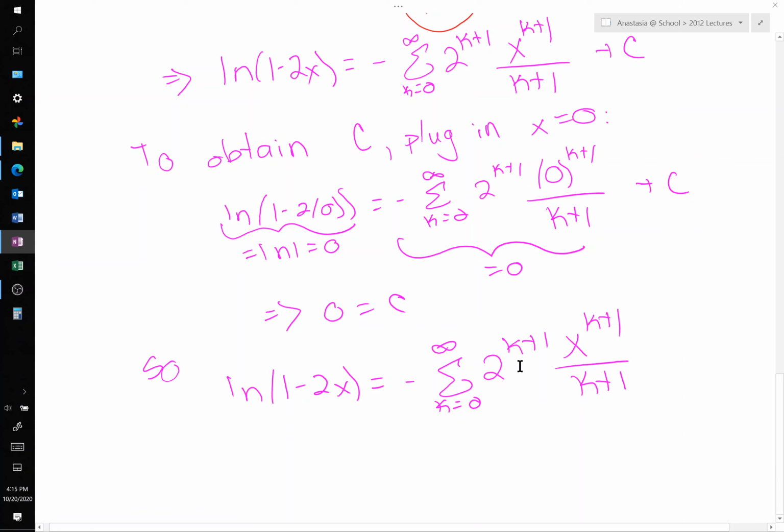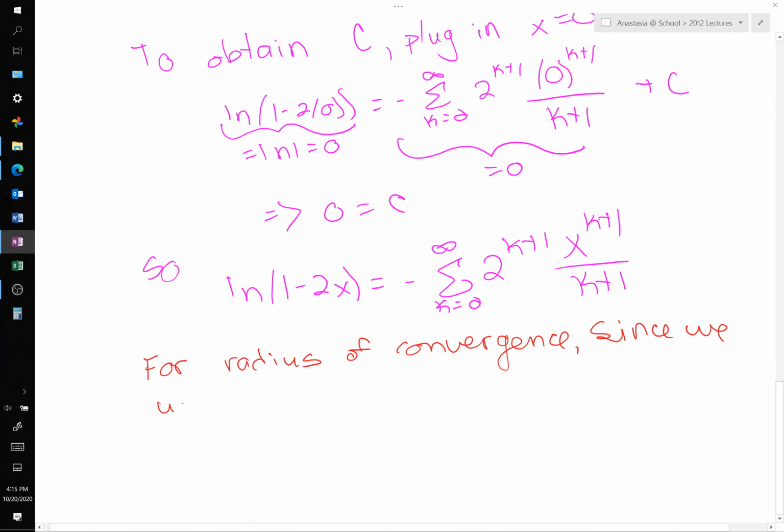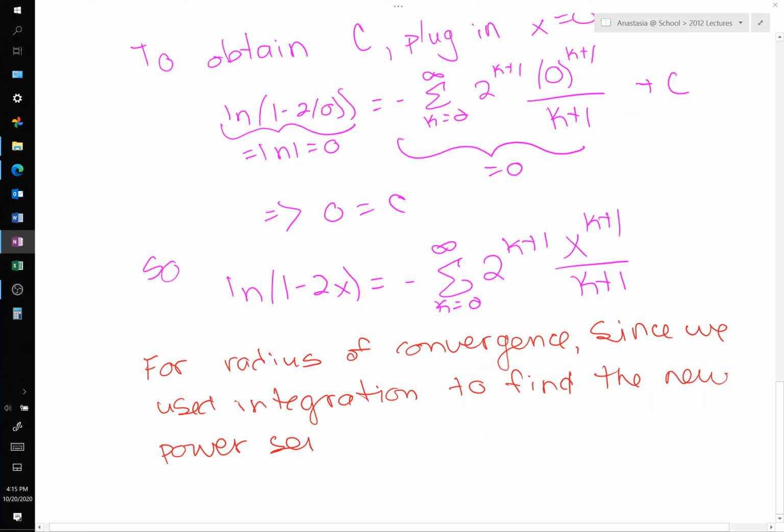The problem also asks us to find the radius of convergence. Not the entire interval of convergence, just the radius of convergence. And that is a good bit easier here. For the radius of convergence, since we used integration to find the new power series, the radius of convergence stays the same.